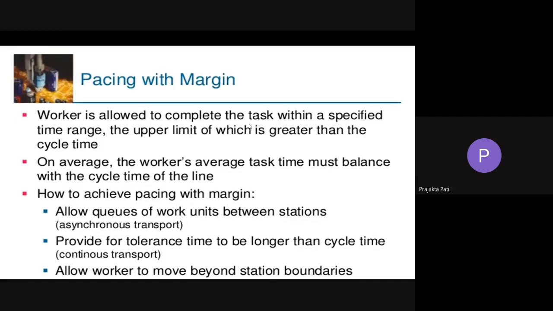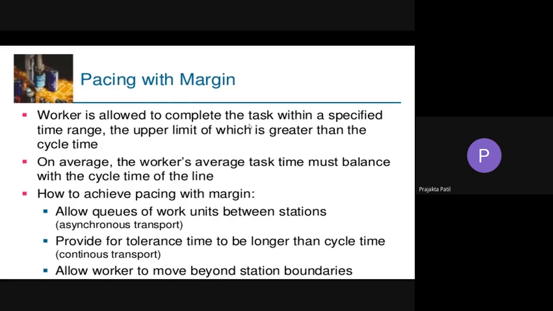Here the worker is allowed either to move upstream beyond the immediate station to get an early start on the next work unit, or to move to the downstream stations to finish the task on the current work unit. In either case, there are usually practical limits on how far the worker can move upstream and downstream, making pacing with margin possible.